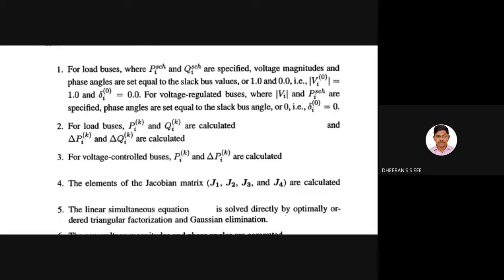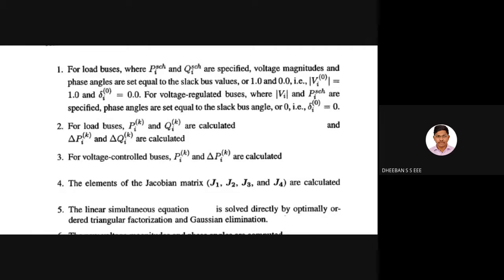Next, moving to the second point for the load bus, you have to calculate your PIK and QIK. How we calculate this PIK and QIK is from the formula we have seen.